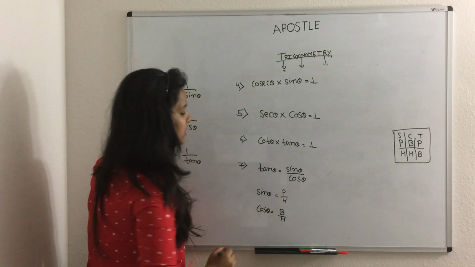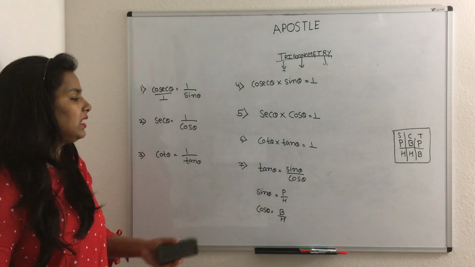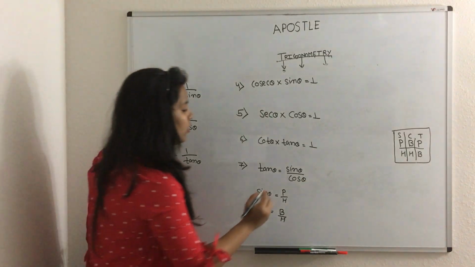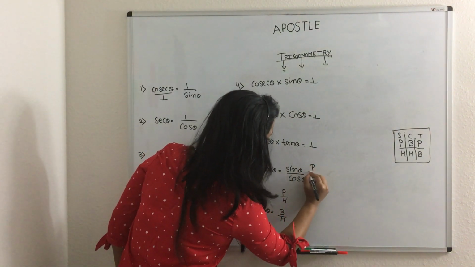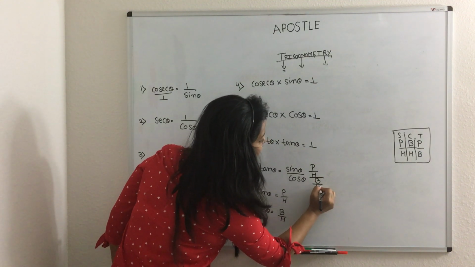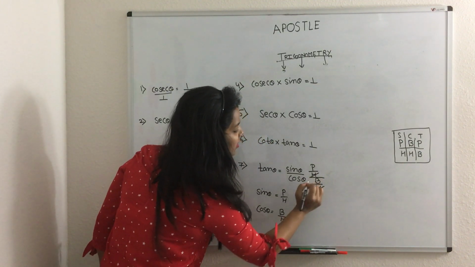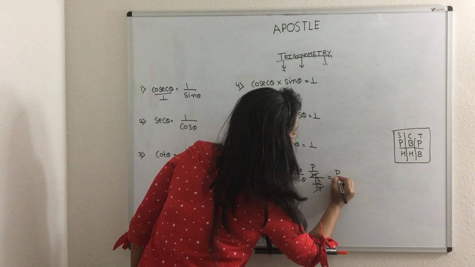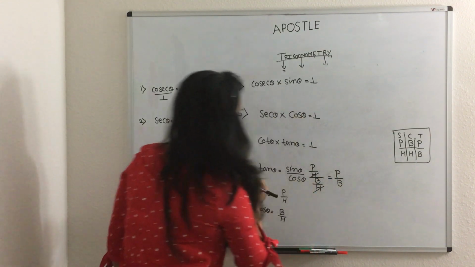Now we can substitute the value of sine theta and cos theta. Value of sine theta is p by h and value of cos theta is b by h, and in this we can cancel h by h, so left is p by b, and that is equal to tan theta.